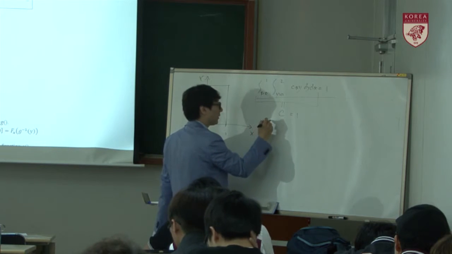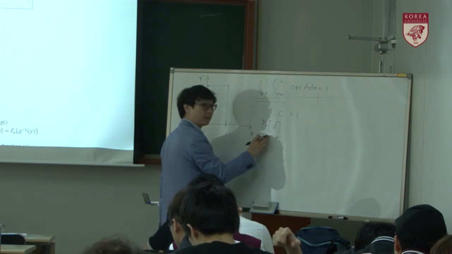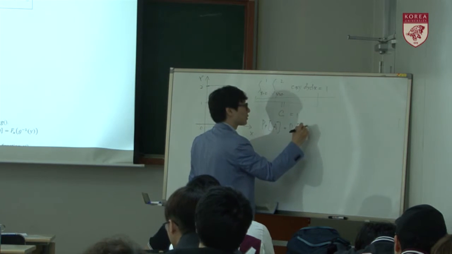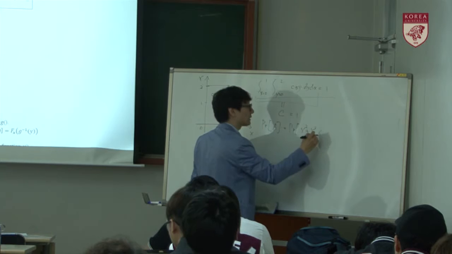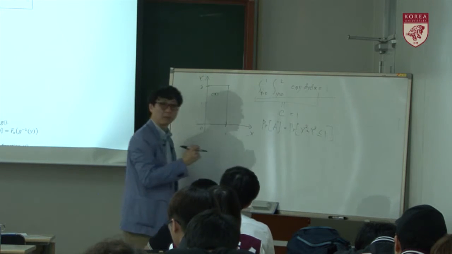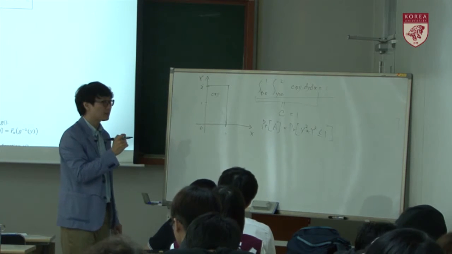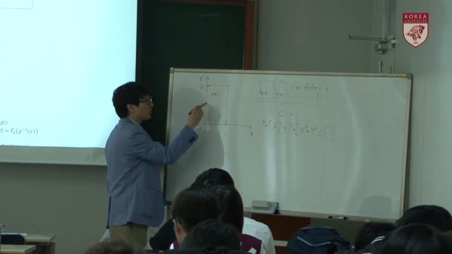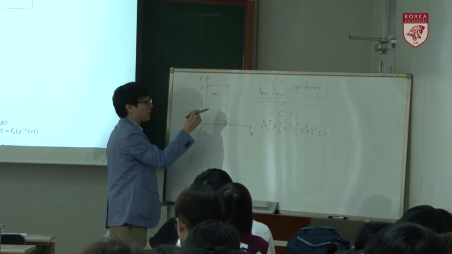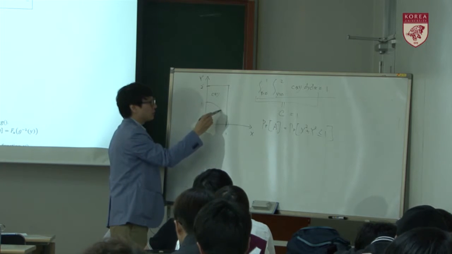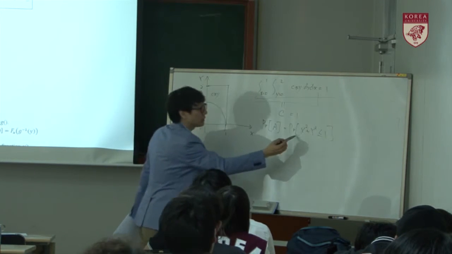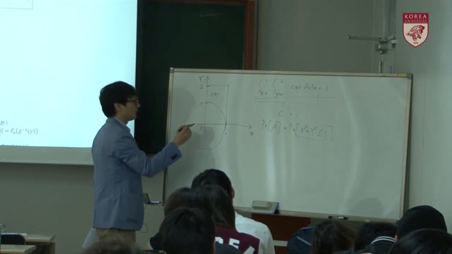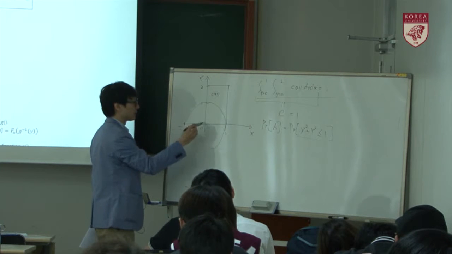The second one is a little bit tricky: calculate the probability of A. A is the event that x squared plus y squared is less than or equal to 1. We want to know the probability that x and y fall into the circle, which has radius 1.